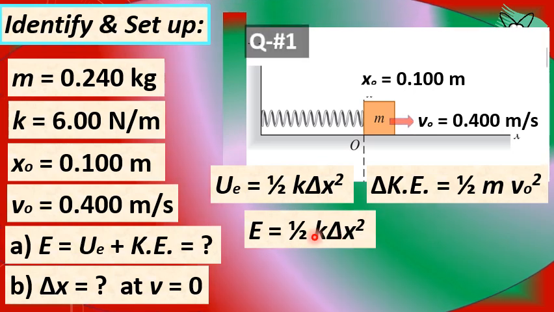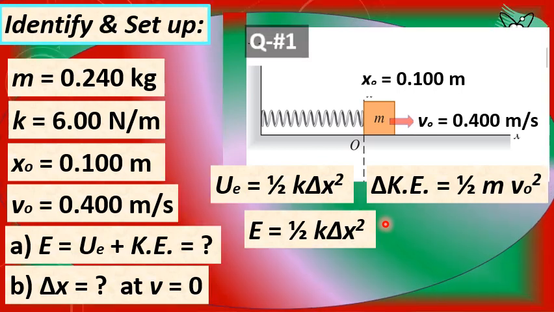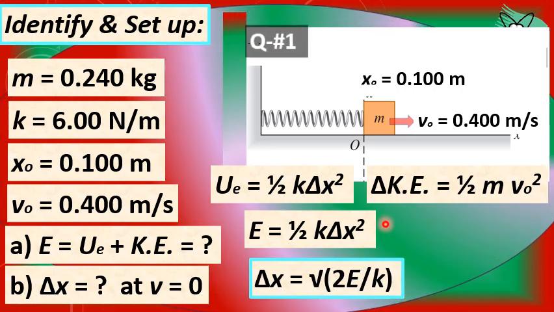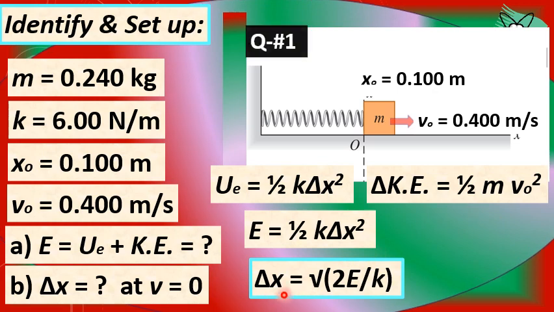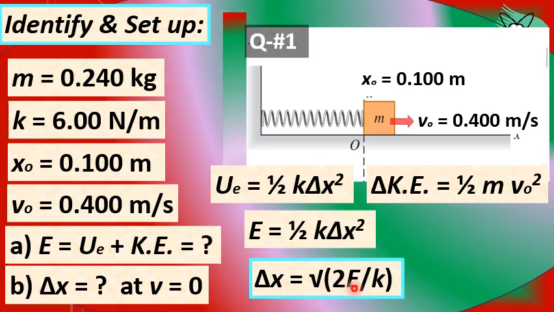When we isolate delta x squared from this equation and take the square root of both sides, we get the working formula that we need for finding delta x. That is, delta x is equal to the square root of twice the value of the total mechanical energy divided by the force constant K.